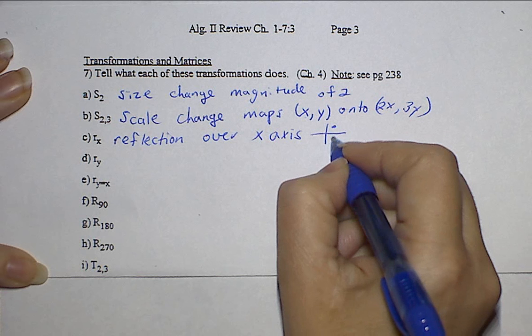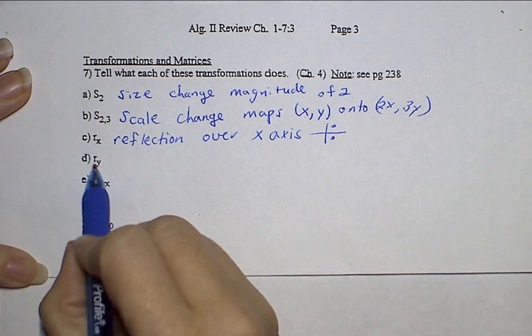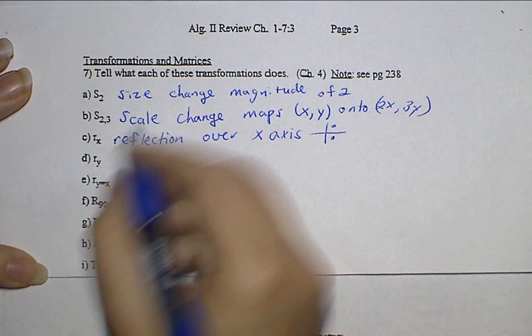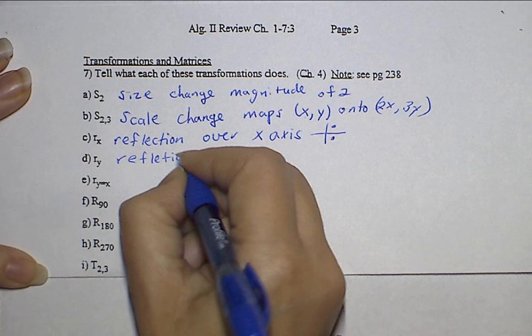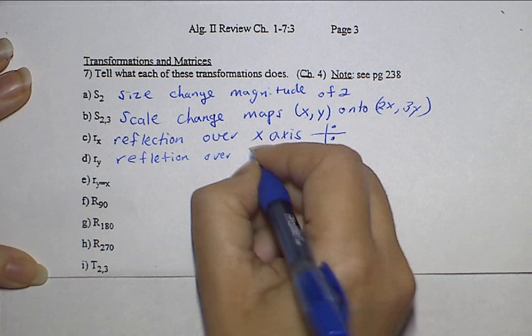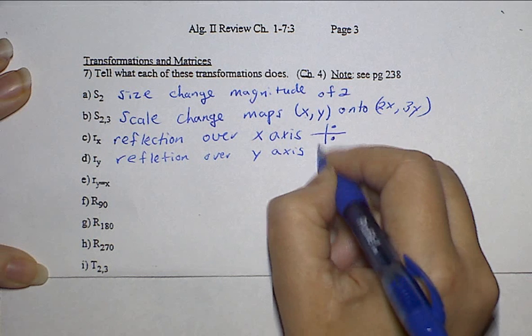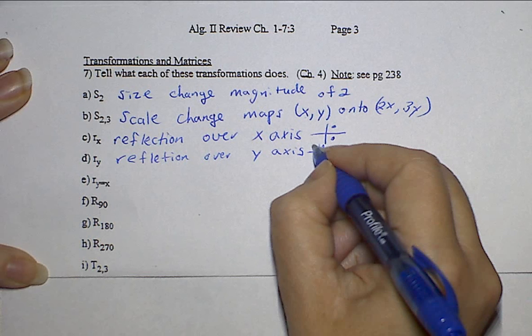That's what reflection means. Now, what does this mean? This means that it's a reflection over the y-axis. So again, you have a point, and you're reflecting that point over the y-axis.